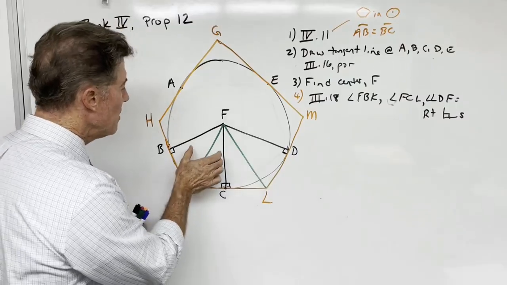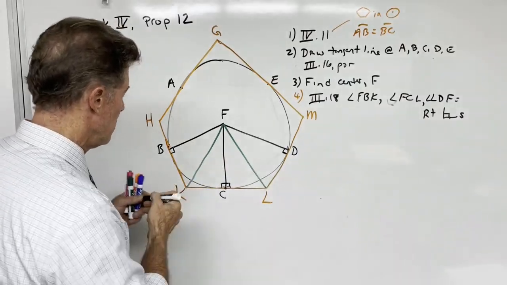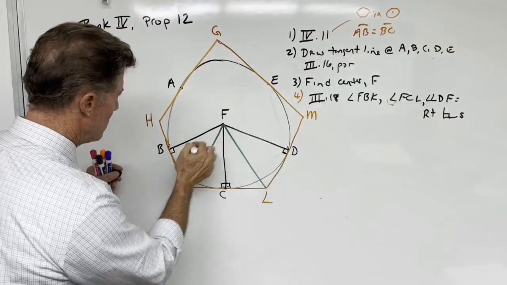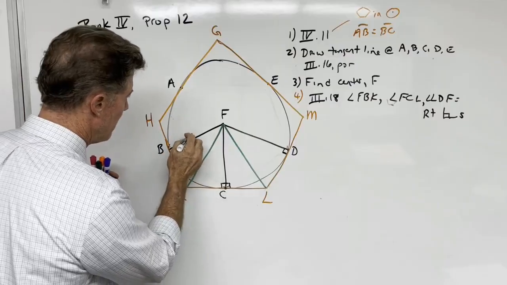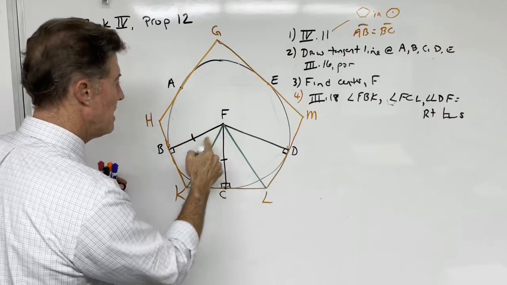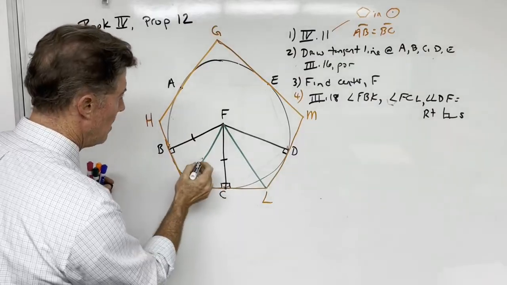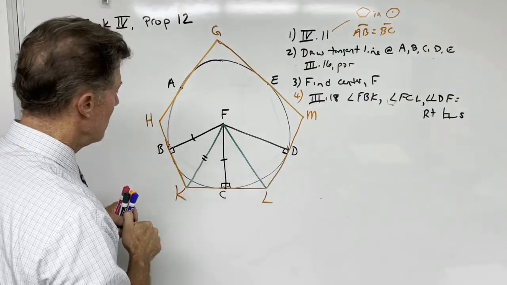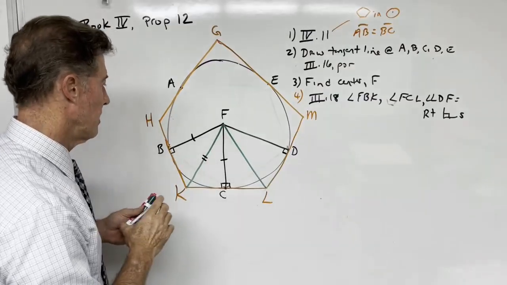Now let's consider these two triangles. What we have here is we know that FB and FC are equal because they are radii of the same circle. We know that FK is common, and we know that we have a right triangle here.